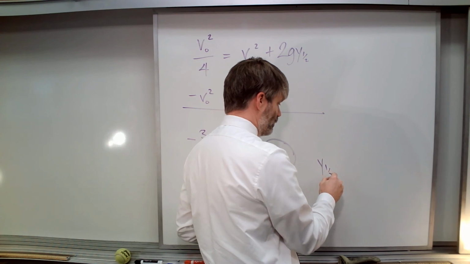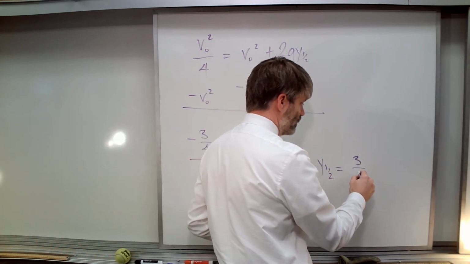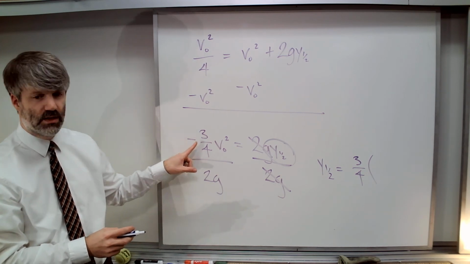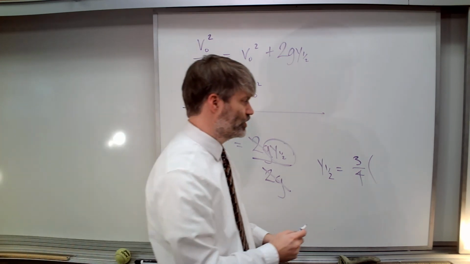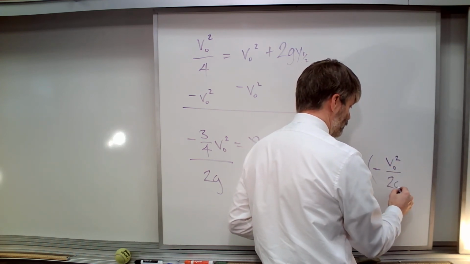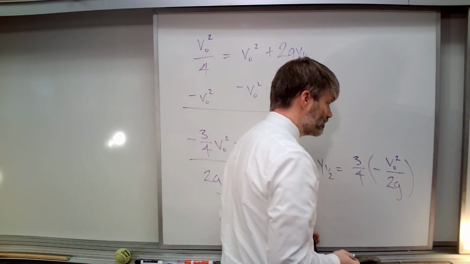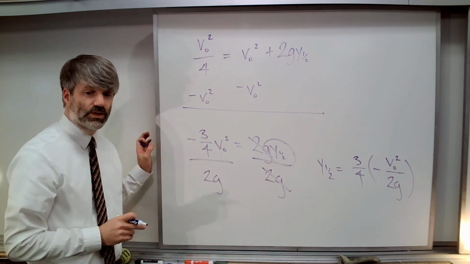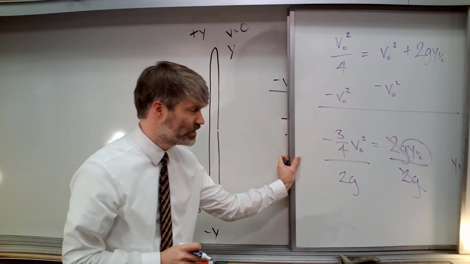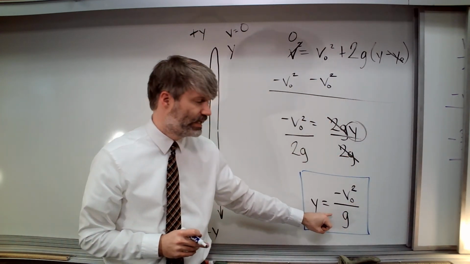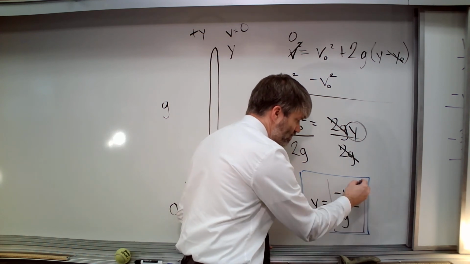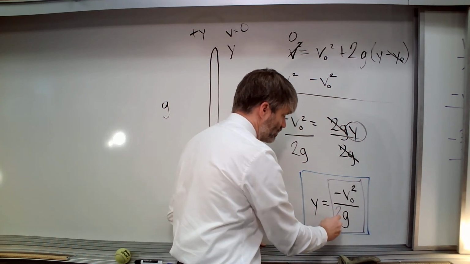We've got y1/2 is equal to 3/4, and when I factor out the 3/4, I'm left with negative v0 squared over 2g. Which, when I look back at our original basis for comparison, we see is the maximum height.